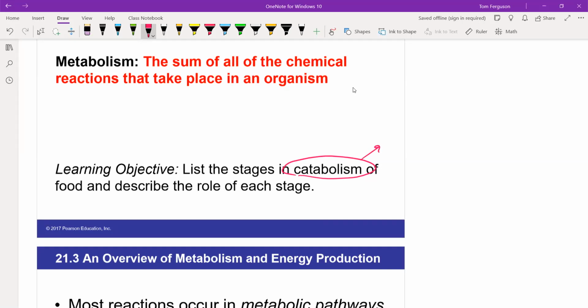Catabolism takes or breaks down molecules, principally glucose, or glucose obtained from glycogen, triglycerides, or protein. Those three are catabolized for energy.